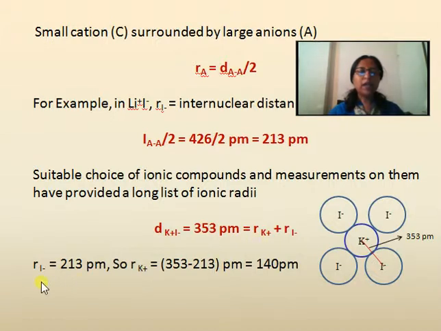You see here R I minus is equal to 213 picometer from here, and so Rk plus is equal to 353, that is the interionic distance, minus the radii of I minus. So it gives us the radius for K plus is equal to 140 picometer. So this way we can determine the ionic radii value for many cations.